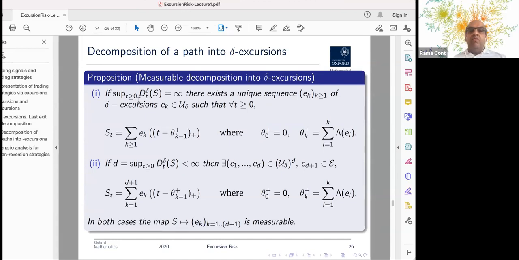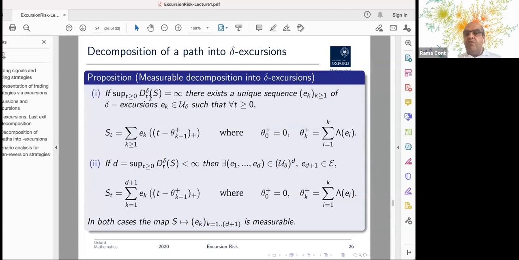When t goes to infinity, when you consider longer and longer paths, either d_delta can go to infinity or it can remain finite. The first case is probably the more interesting one, because it corresponds to a recurrent path. The path keeps going back and forth between 0 and delta. That's probably the case you're interested in.